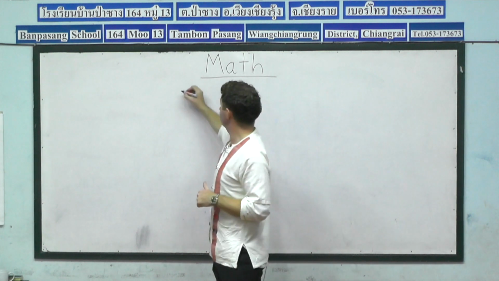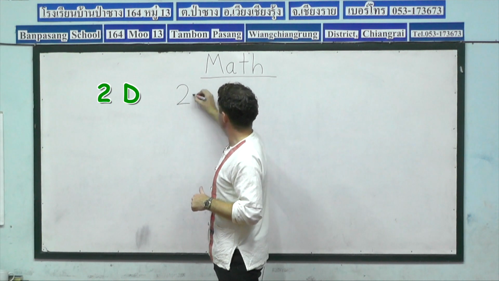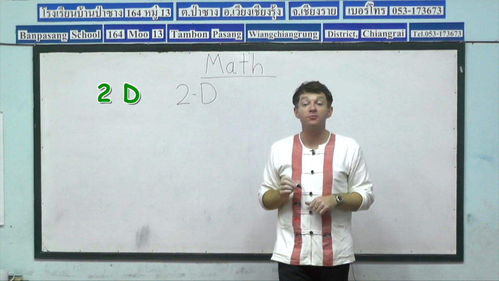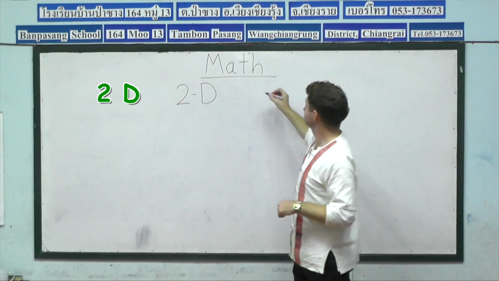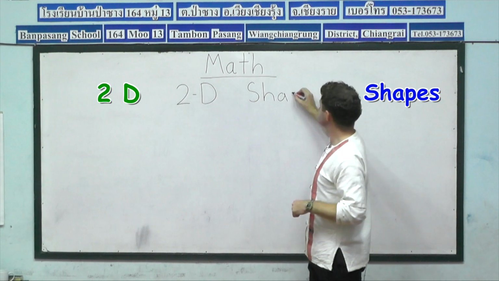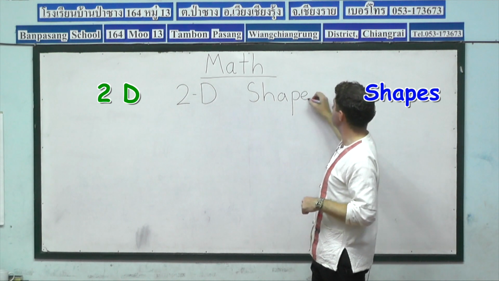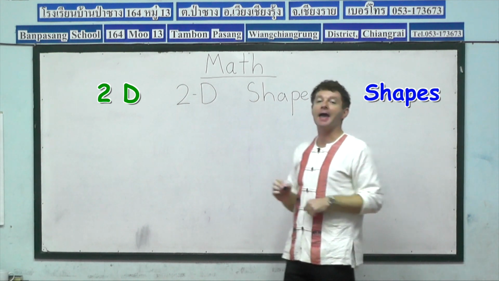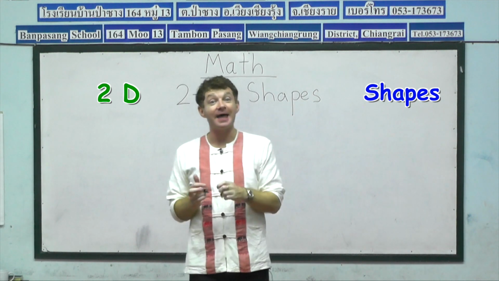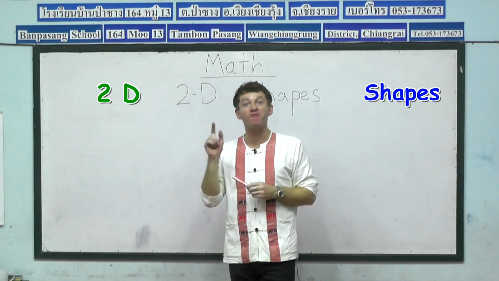So we'll write 2D. And how do we spell shapes, guys? S-H-A-P-E-S. Excellent. And what was the last shape that we learned about in the previous lesson?